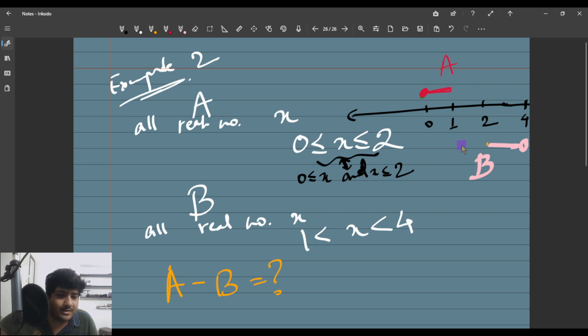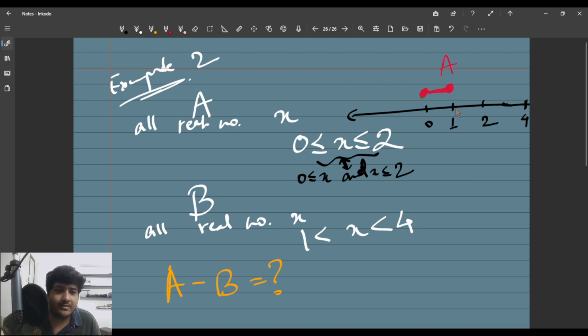So ultimately, where does this lead us? 1 is not in B, so 1 shouldn't be subtracted, but everything else should have been. So even if you subtract this, all these things lead us nowhere, so these are unnecessary.